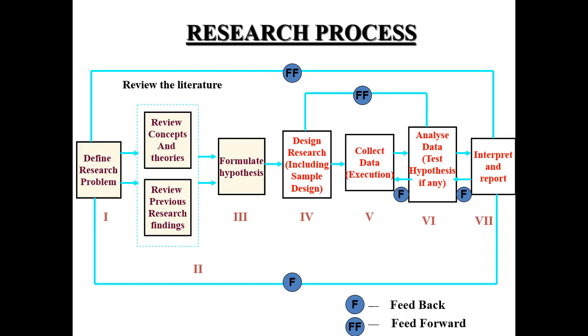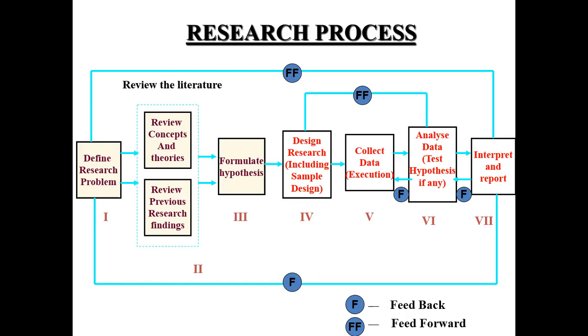two tasks which are in parallel. The two tasks which you normally do: number one is review concepts and theories, and the second task is review previous research findings. Basically, these two tasks come under the literature review. And for any kind of research, the literature review component is very essential.